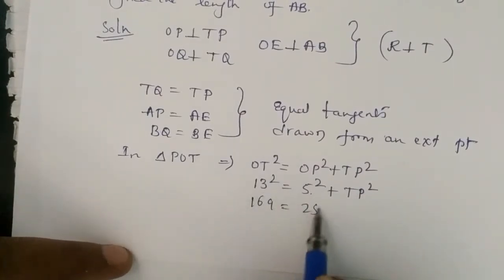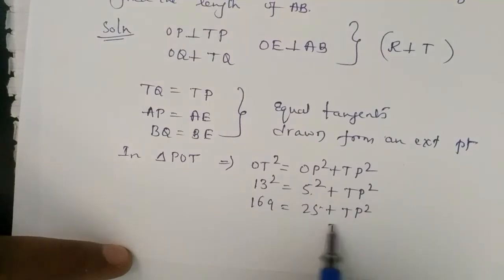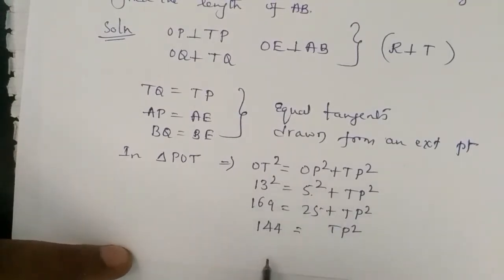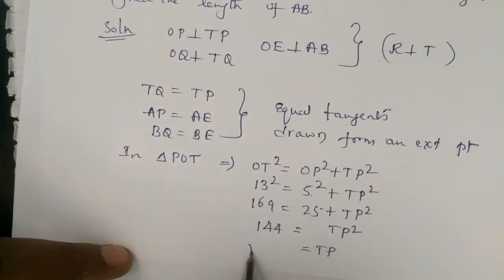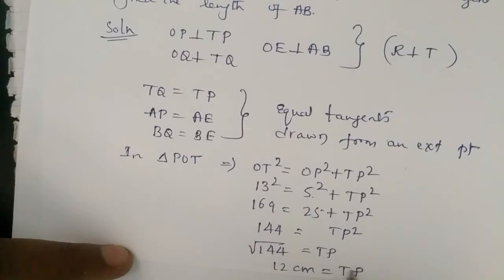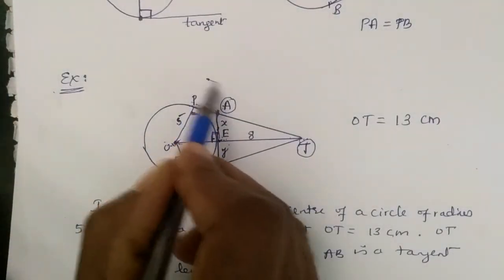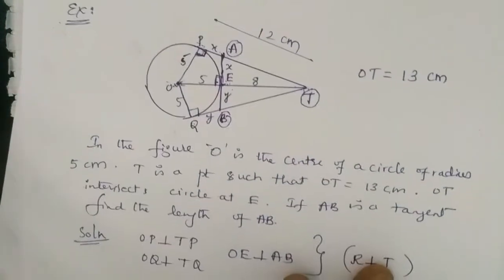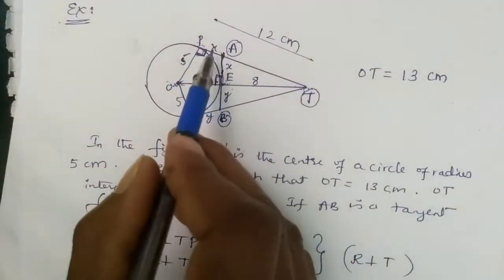169 equals 25 plus TP square. TP square keep it here, 25 shifted this side, 144. Then TP equals square root of 144, which gives you 12 centimeter. So the whole TP length is 12 centimeter.